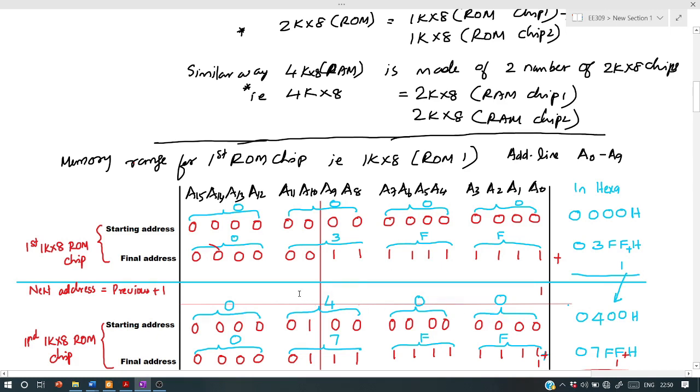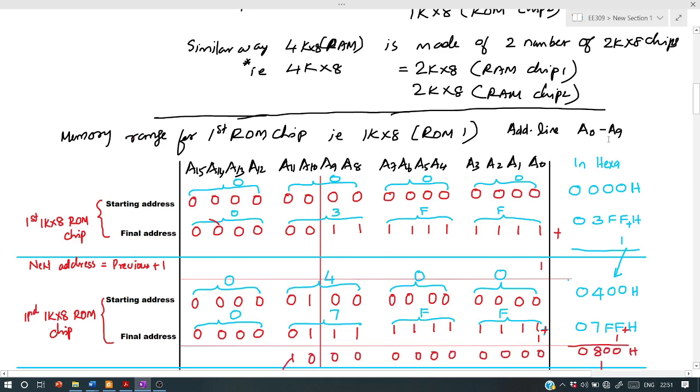Alternatively, we can find out the starting address of the next ROM chip by adding 1 to the final hexa data, that is 03EFFH plus 1 gives 0400H. So this is the starting address of the second 1K into 8 ROM chip.